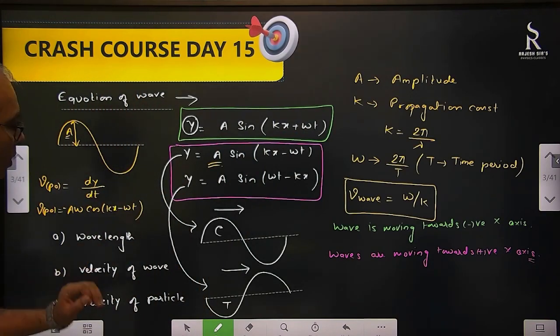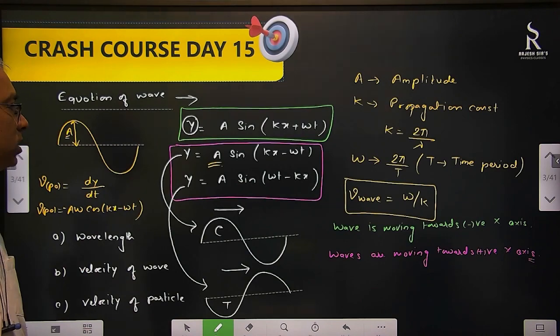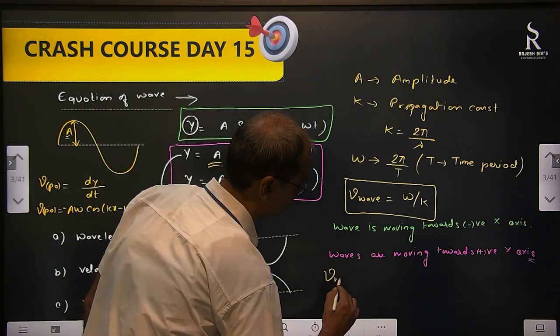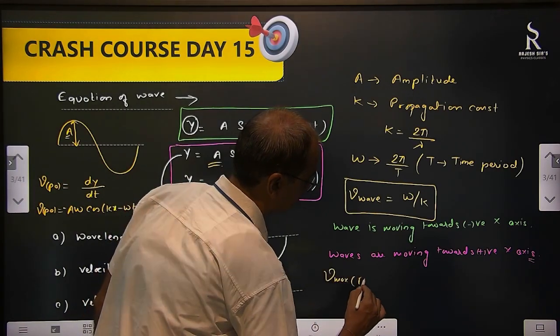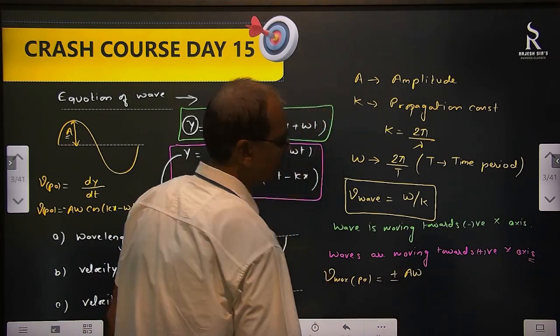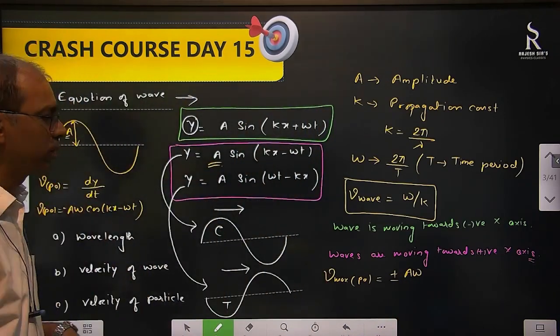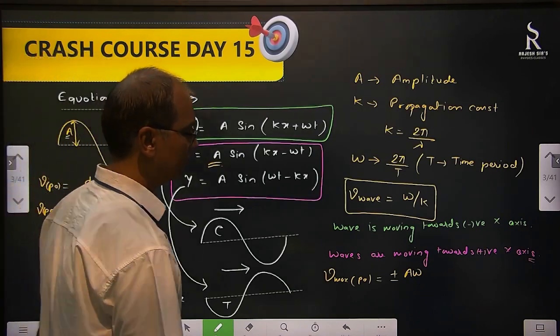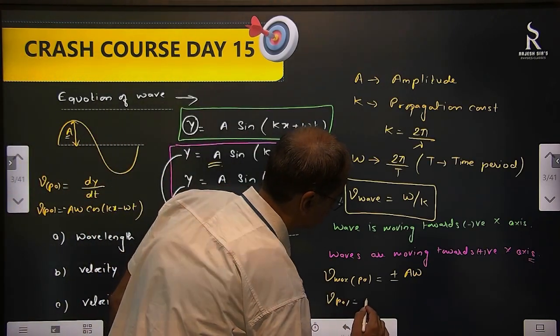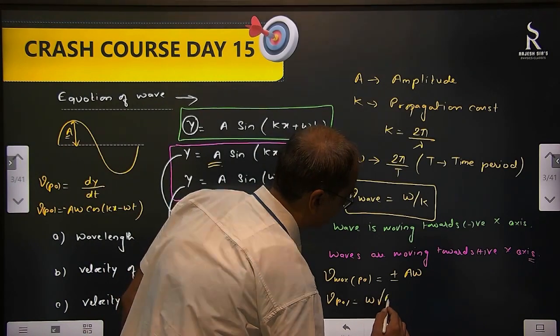What is the maximum velocity of the particle in this one? Maximum velocity of the particle will come as aω. Okay, the maximum velocity of the particle, v max of particle, we can write as plus minus aω. Other than this, is any general equation there? Yes, we saw in SHM, velocity of particle is ω root over a square minus y square.